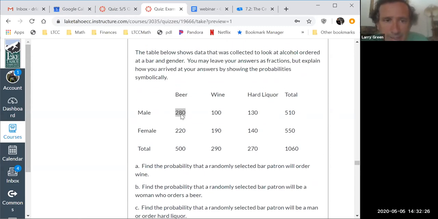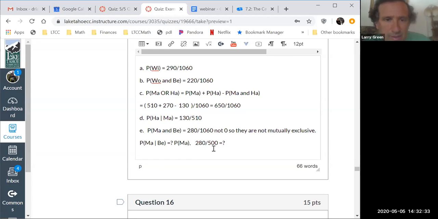Probability of man is 510 over 1,060. If you work that out in the calculator, they are not equal. I don't even need a calculator because I know that 280 is more than half of 500, and I know 510 is less than half of 1,060. So they can't be the same. So they are dependent, not independent. Any questions on question 15?